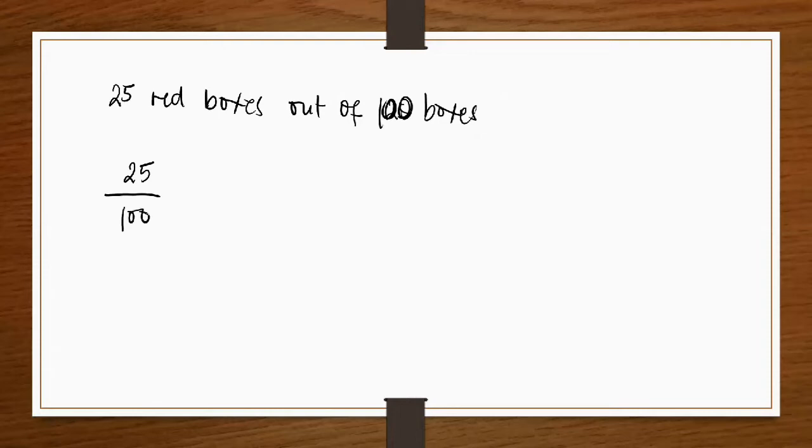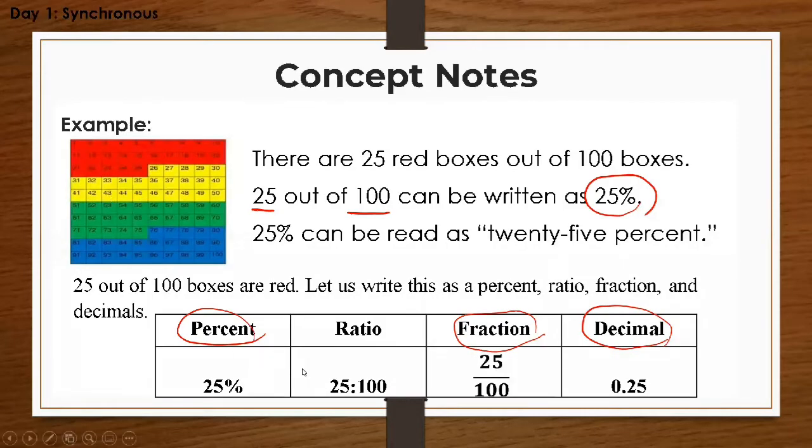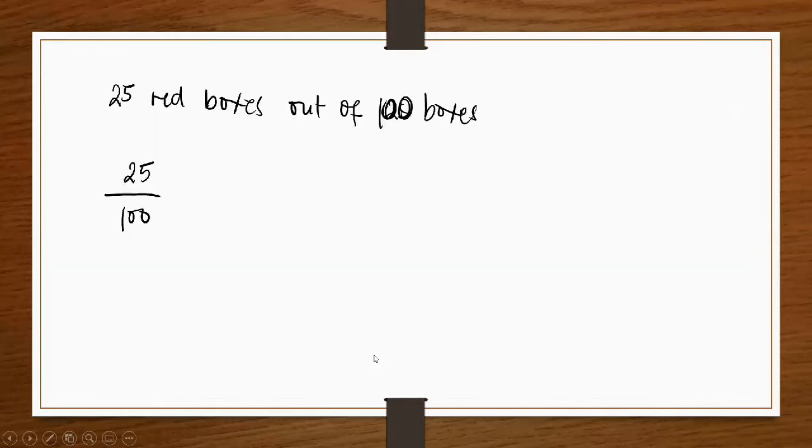Since we have written it already in fraction form, ngayon if you are going to ask, Ma'am, paano po nakuha si 25 is to 100? So, if we start writing our given into fraction, then we can write it into a ratio. So, therefore, the ratio of 25 over 100 is 25 is to 100. Okay? But no need to write it. So, this is a fraction.